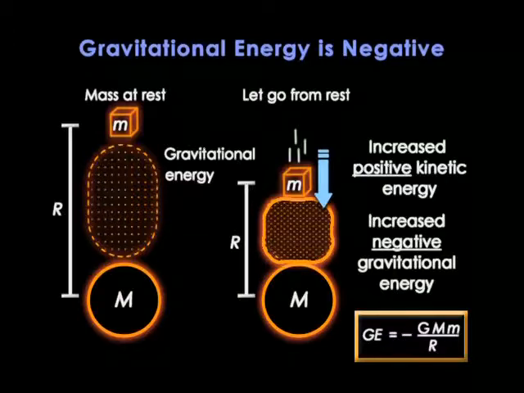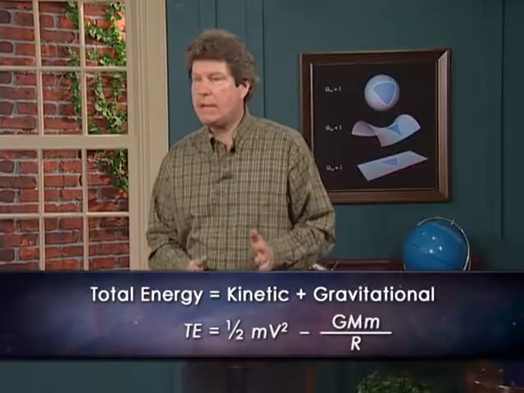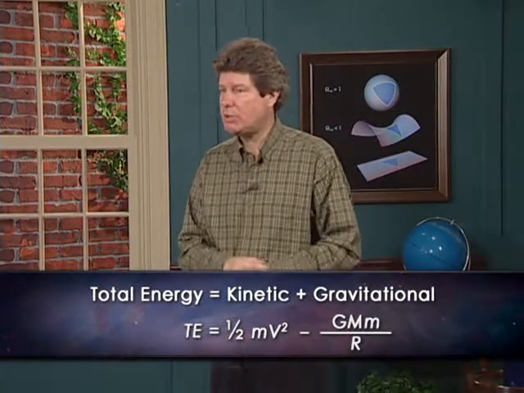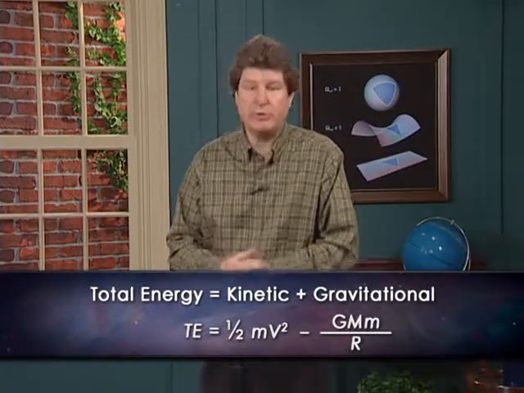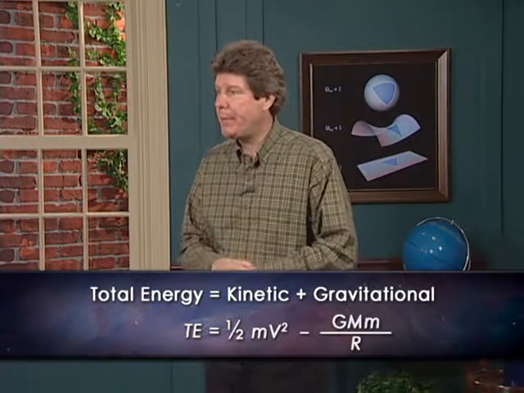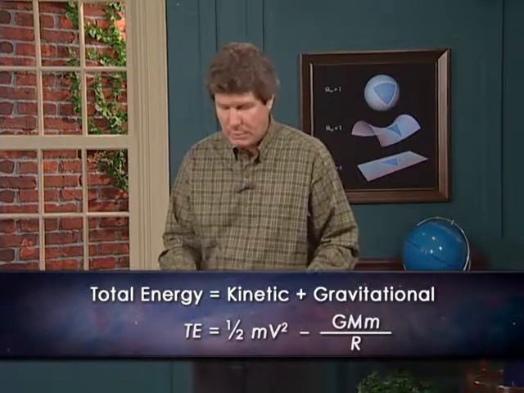Well, we're now ready to make progress. Let's look at the total energy of our rock, Te. It's just the sum of the kinetic and gravitational energies, which in equation form is half mv squared minus GMm over r. Now, I hope you won't be surprised to hear the criteria that determines recollapse or eternal expansion is whether the kinetic energy is less than or greater than the gravitational energy.